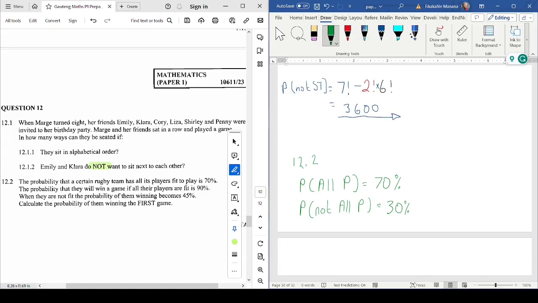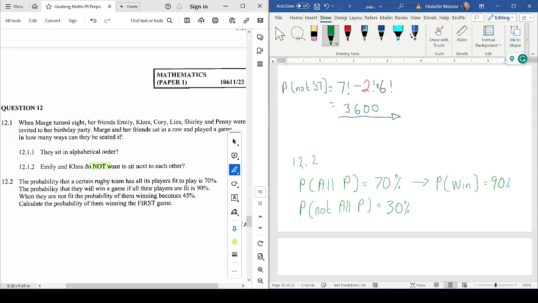And then the second line says the probability that they will win a game if all the players are fit is 90%. So coupled with that, the probability that they will win under these conditions is 90%.